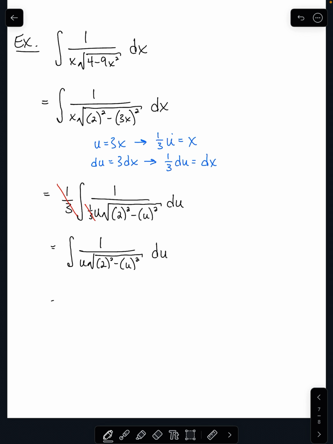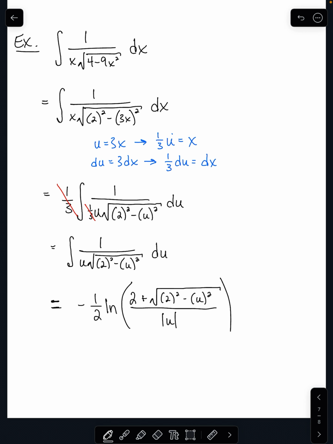Which means that our antiderivative, by the formula on the previous page, would then be negative 1 over 2 times the natural logarithm of 2 plus the square root of 2 squared minus u squared over the absolute value of u plus c.